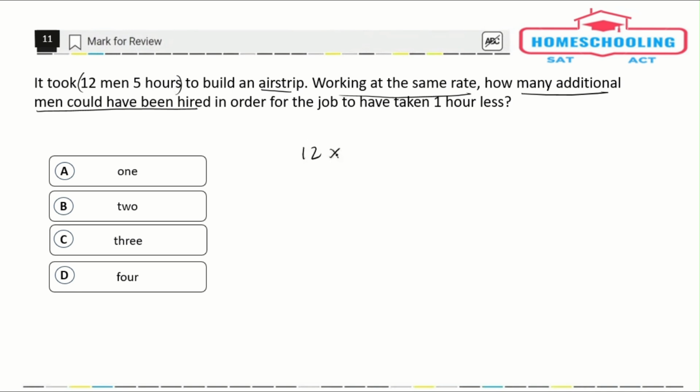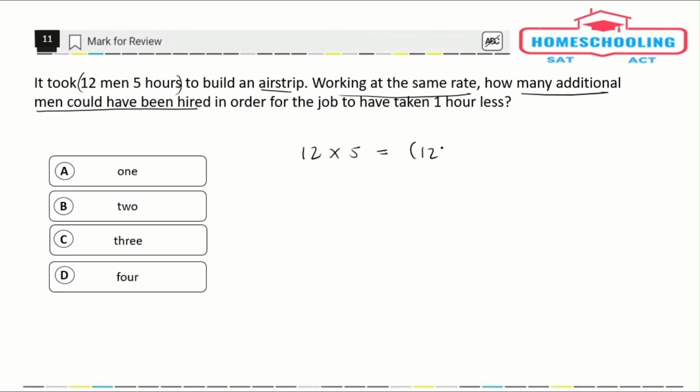As it is a time and work problem, it is an inverse variation or inverse proportional method. So we will multiply the sets of values, that is 12 men into 5 hours.